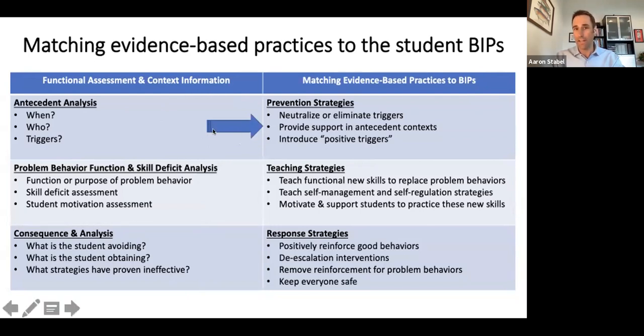That antecedent analysis should really help us determine our prevention strategies. And our prevention strategies should be designed to do one or more of three things: to either neutralize or eliminate triggers if possible, or provide support in an antecedent context.